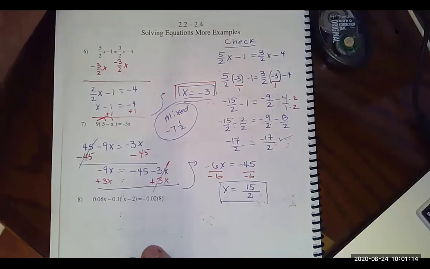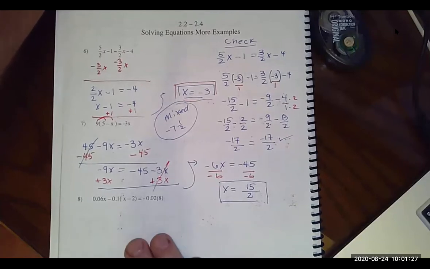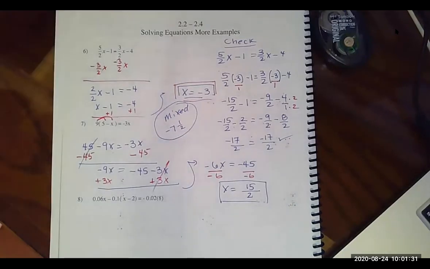The correct answer could be in mixed form, a version of this. It could be 7.5, in the decimal version. So just be aware that there are different versions of the answers out there, and hopefully you picked the right one on the test.